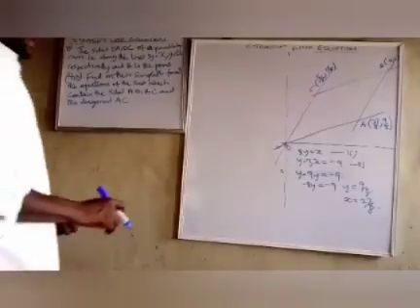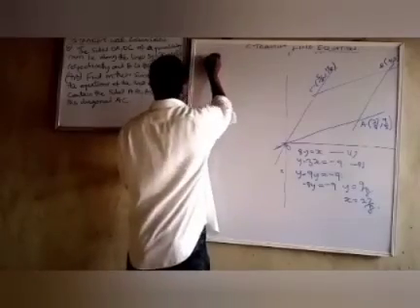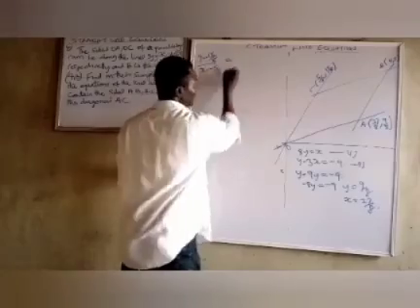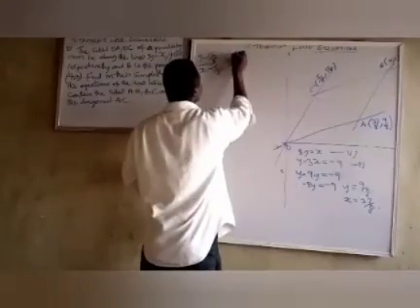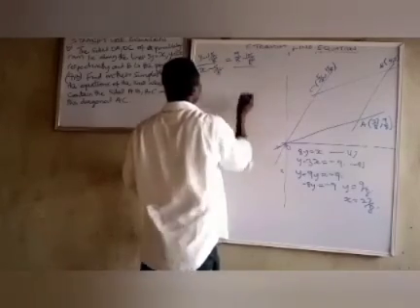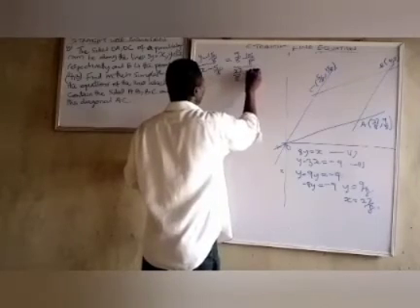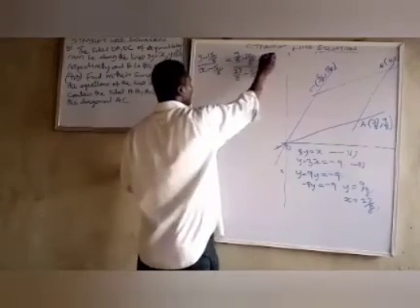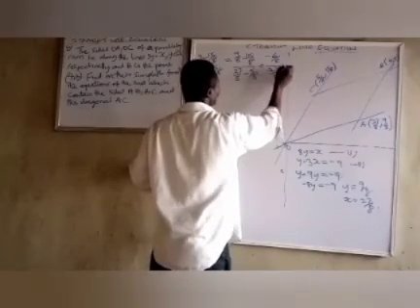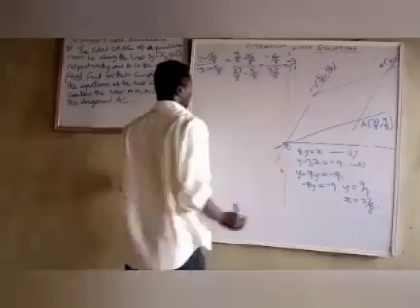So for the diagonal AC, the equation is going to be (y minus 15 over 8) over (x minus 5 over 8) equal to (9 over 8 minus 15 over 8) over (27 over 8 minus 5 over 8), which gives me minus 6 over 8 over 22 over 8, which gives minus 3 over 11.